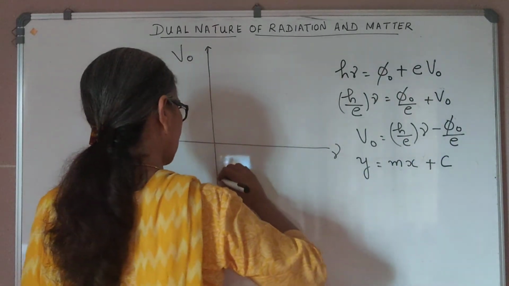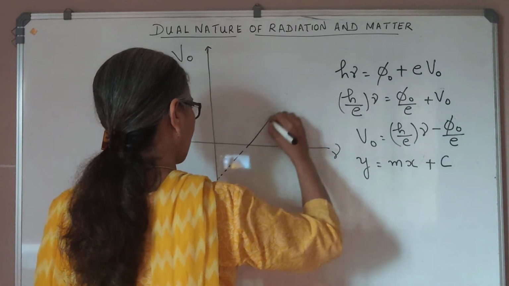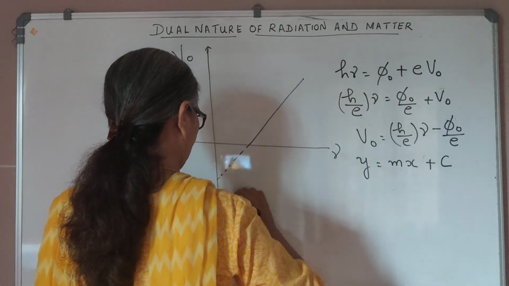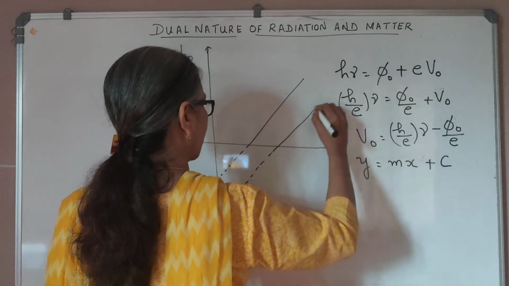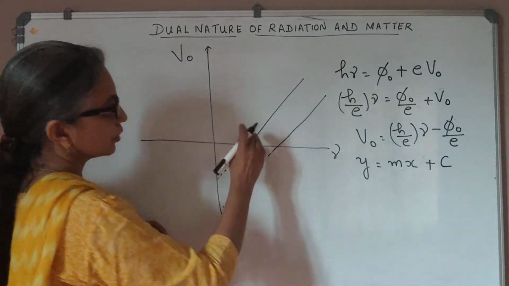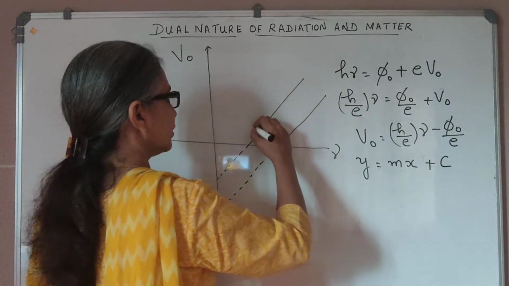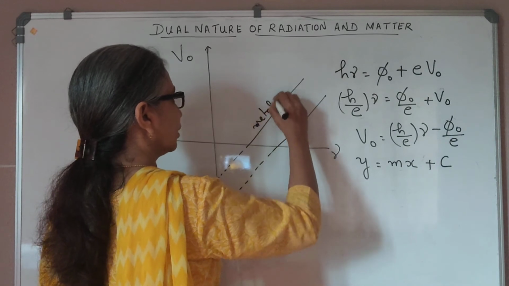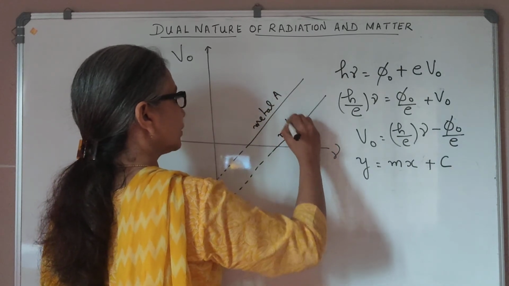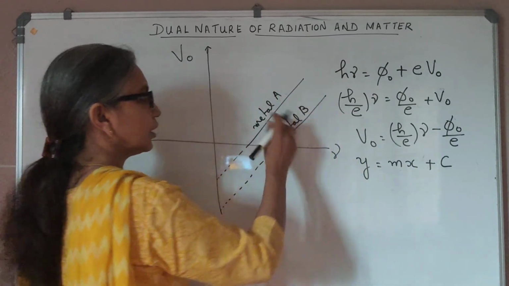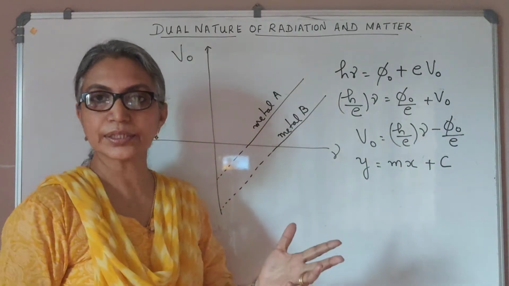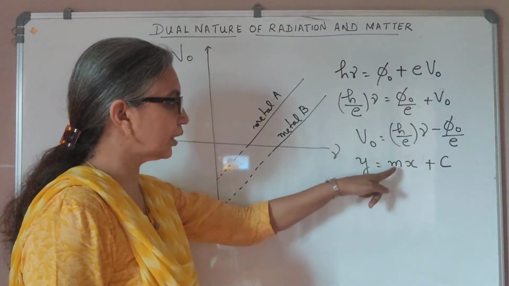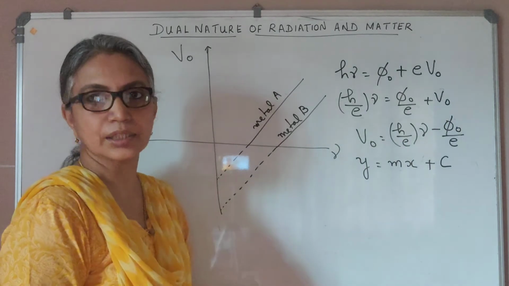So if I now draw, now you will see that the two lines, let's say this represents metal A and this represents metal B. You will see that both the lines, whichever metal you may take, the slope of the line given by h by E is a constant.